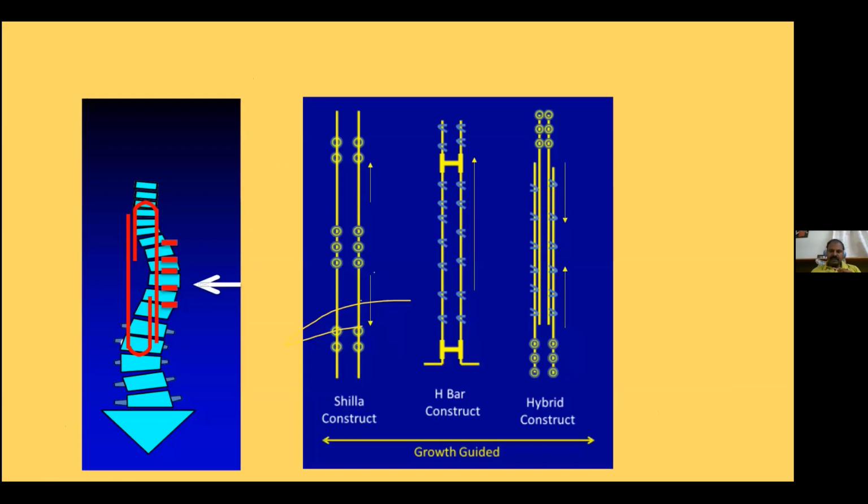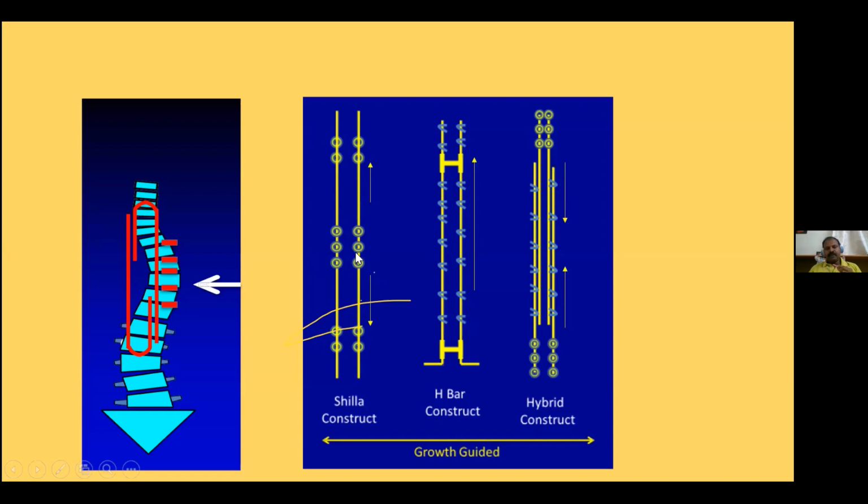So what is the Shilla technique, what is the H bar or Medani system, and what is a hybrid construct? If you see the Shilla technique, what they do is fuse the apex. Previously in growing rods, we saw that they fuse the anchors, proximal and distal.